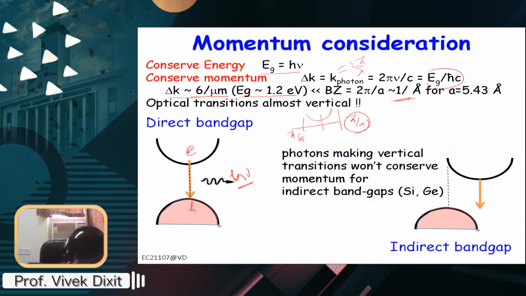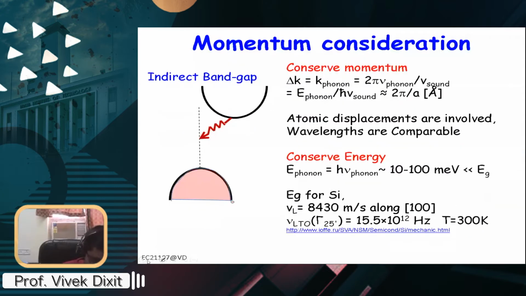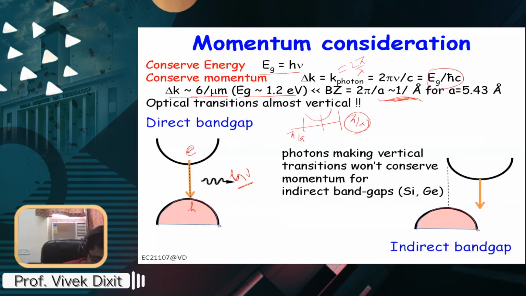What is a for silicon? Around 5.43 angstrom, so that will be of order 10 raised to power 10, while this is 10 raised to power 6. So the momentum of the electron is much larger than the momentum of the photon.